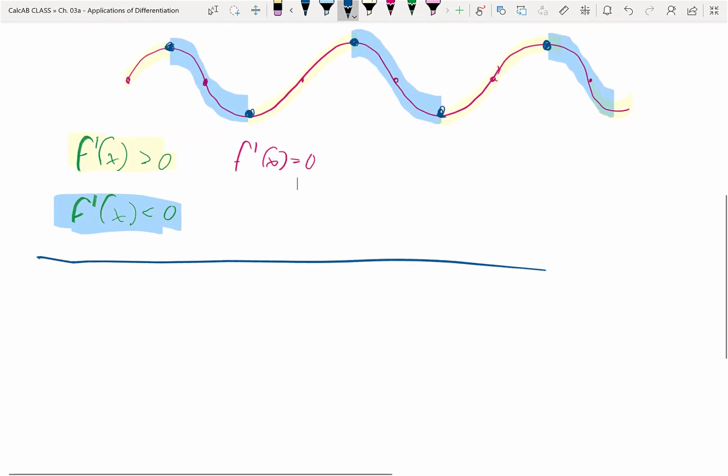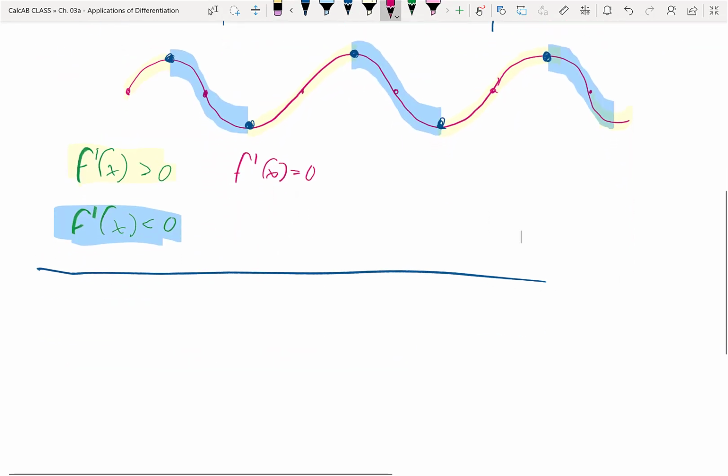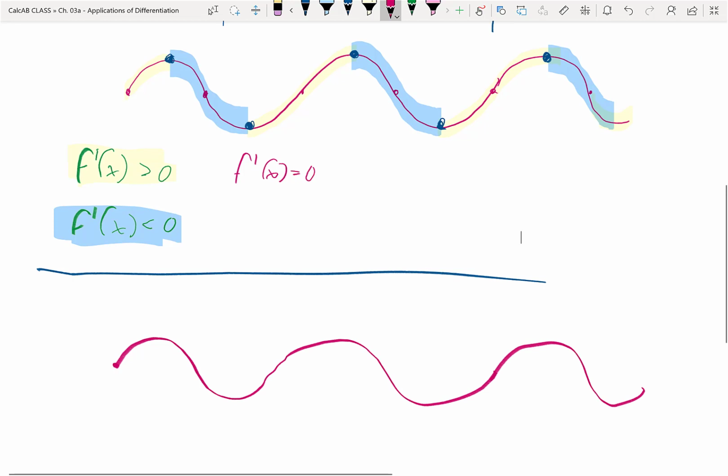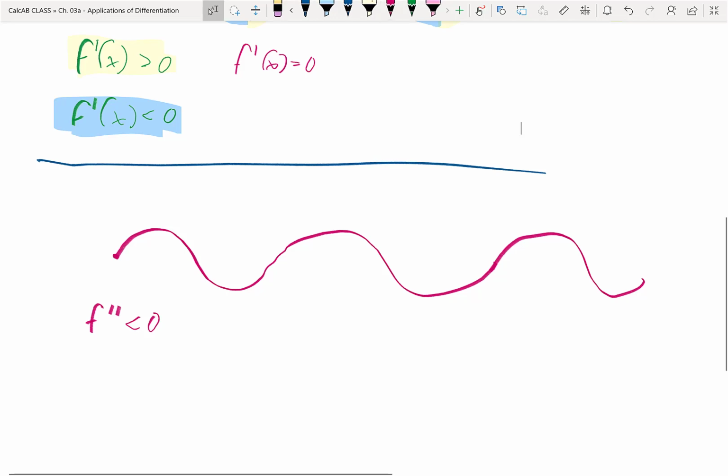So looking at this same graph now from the perspective of a second derivative, which is what I did earlier, I would be looking where f double prime is less than 0. F double prime is less than 0 anytime the graph is concave down, and that looks like this.